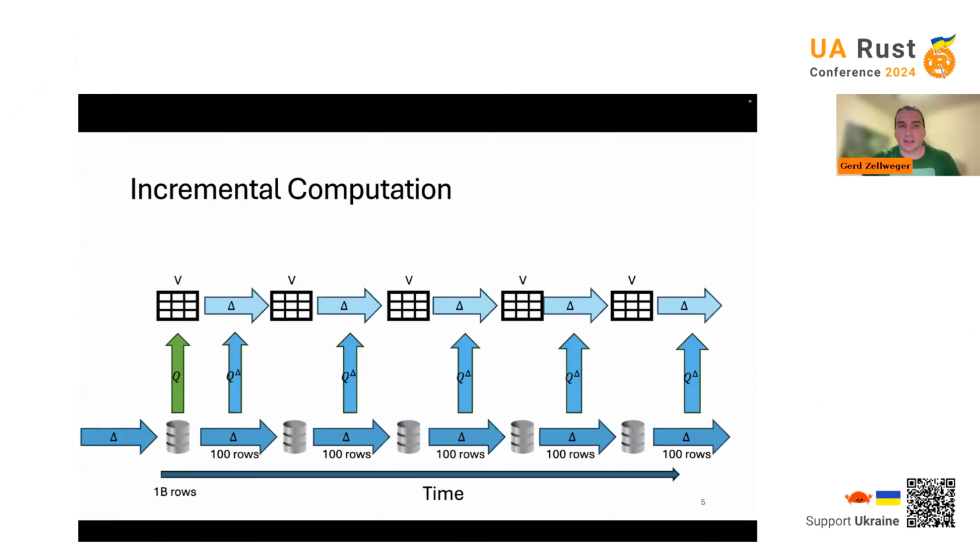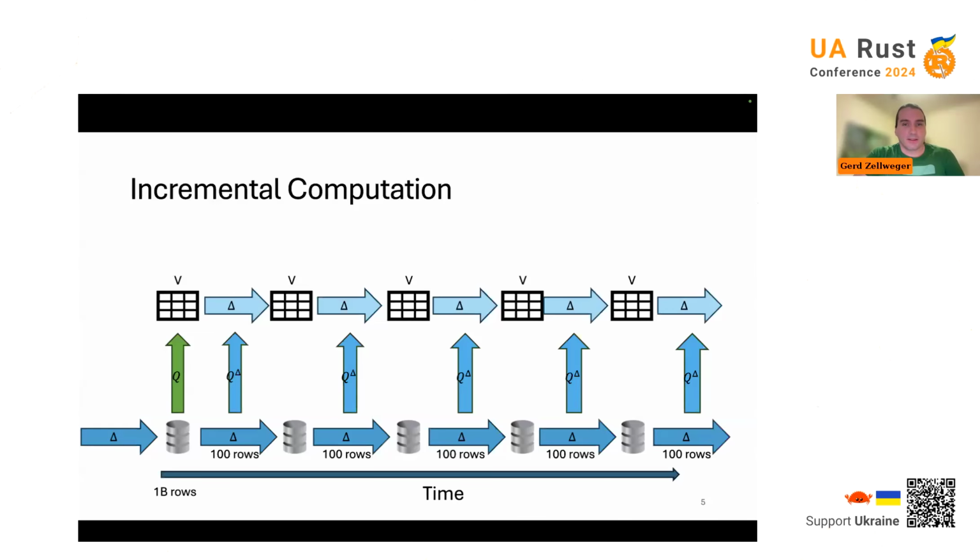So in essence, that's incremental computation. And you can see that this can save you either a lot of time or a lot of compute resources. But it's a different way of how you traditionally would do computation in a database.